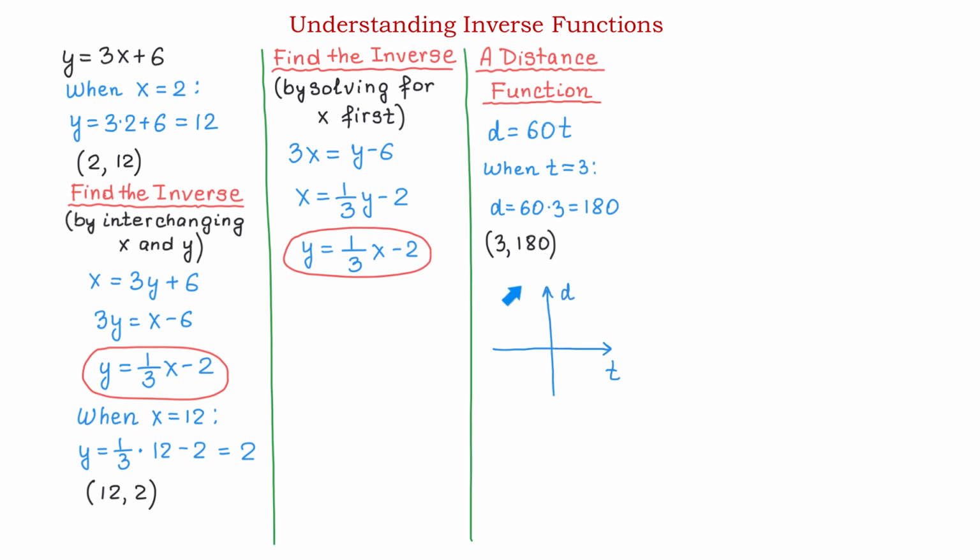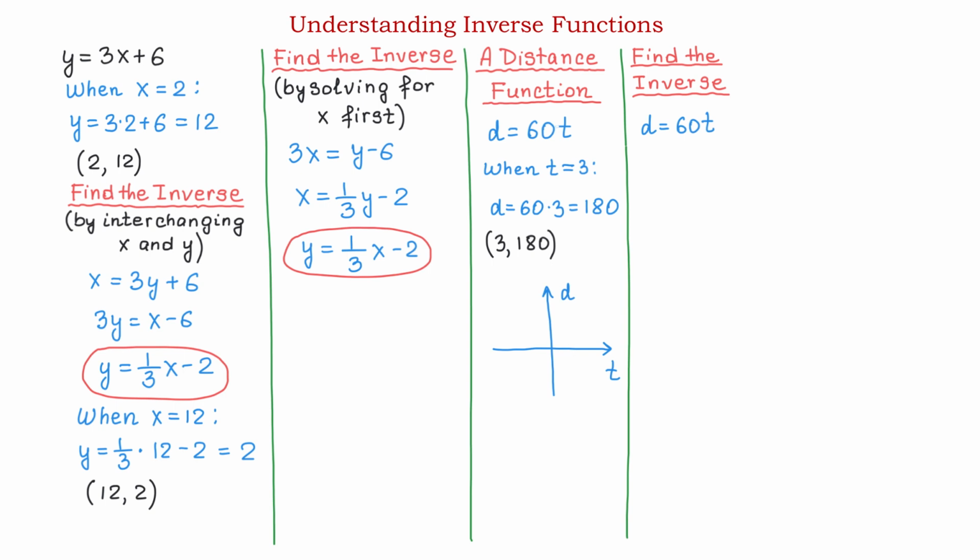Now, what if we are given the distance of 180 miles and we need to find how many hours it took the vehicle to travel this distance? For this purpose, we need the inverse function. Now, to find the inverse, I will take the distance function d equals 60t and I will solve it for t.